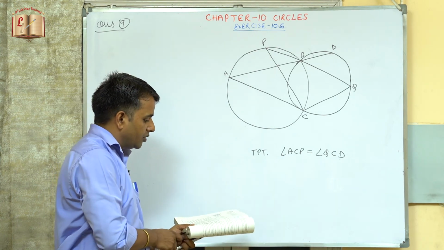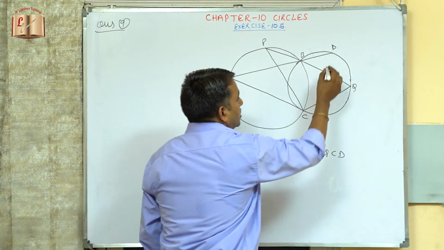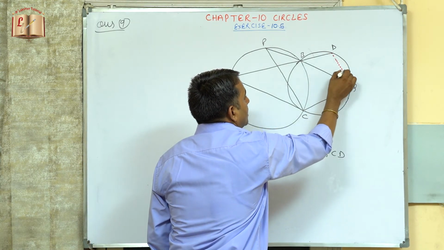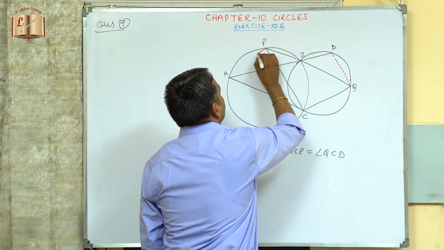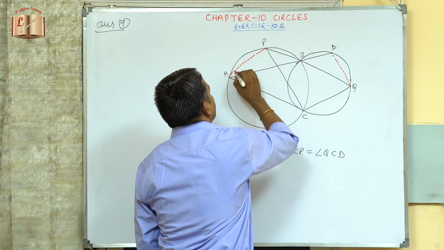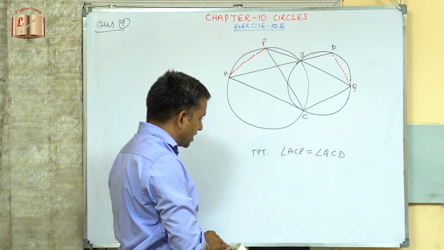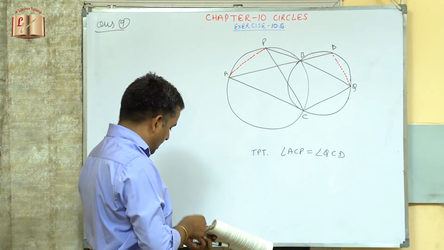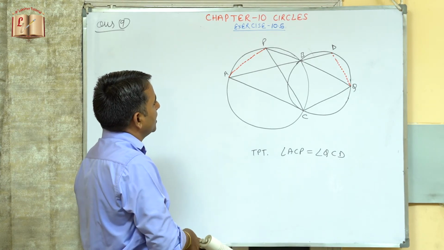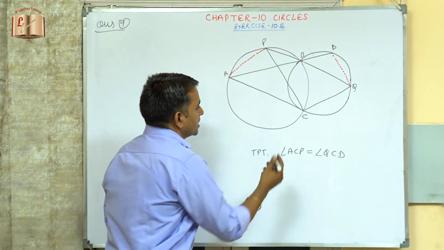So first of all, before proving this, we will join D and Q, and A and P. So these are now the chords for us. Before going for that, we will mark these angles, that will be better for our understanding.